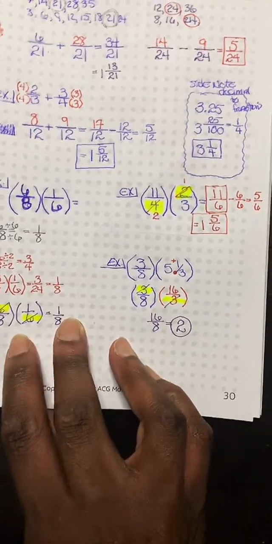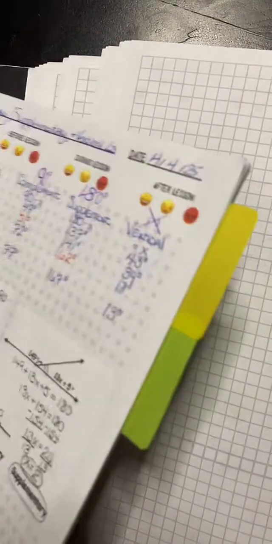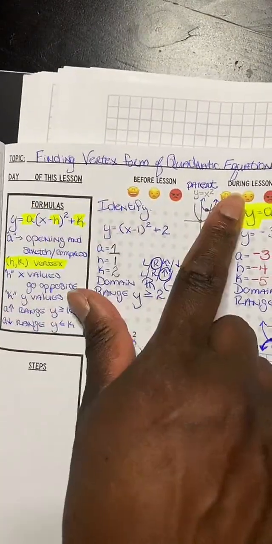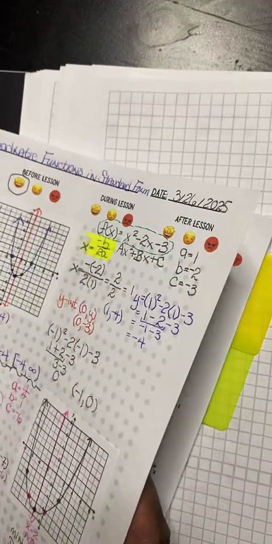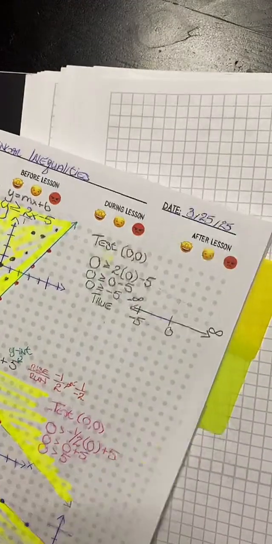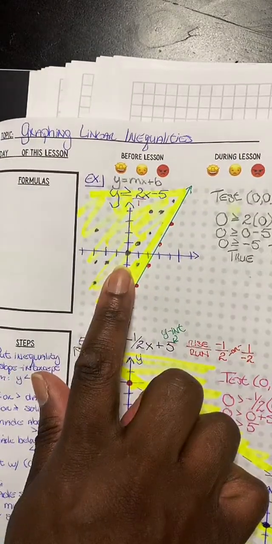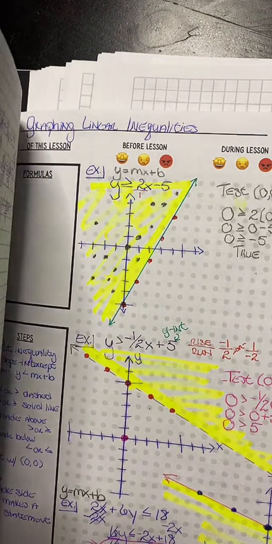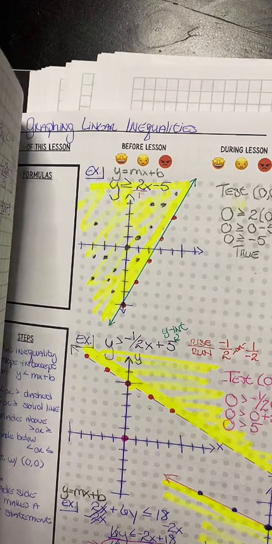They're not. So like anything that deals with, let me see. I don't think it's in this book because I have so many books now. It's getting crazy around here. So anything dealing with this stuff, like finding the vertex form of quadratics, or anything dealing with graphing linear inequalities, or graphing equation of a line, or what else?